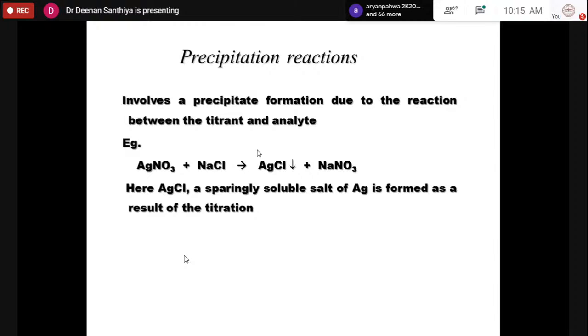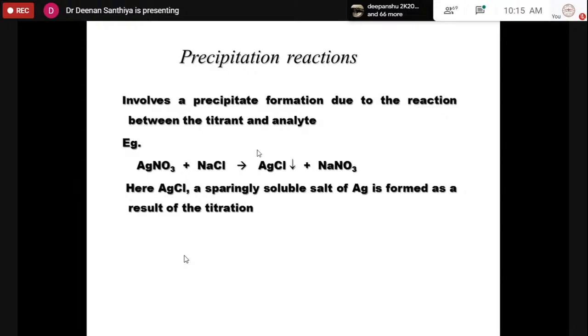When you keep titrating, precipitate formation takes place. Those types of titrations are called precipitation titrations, or precipitation reactions.